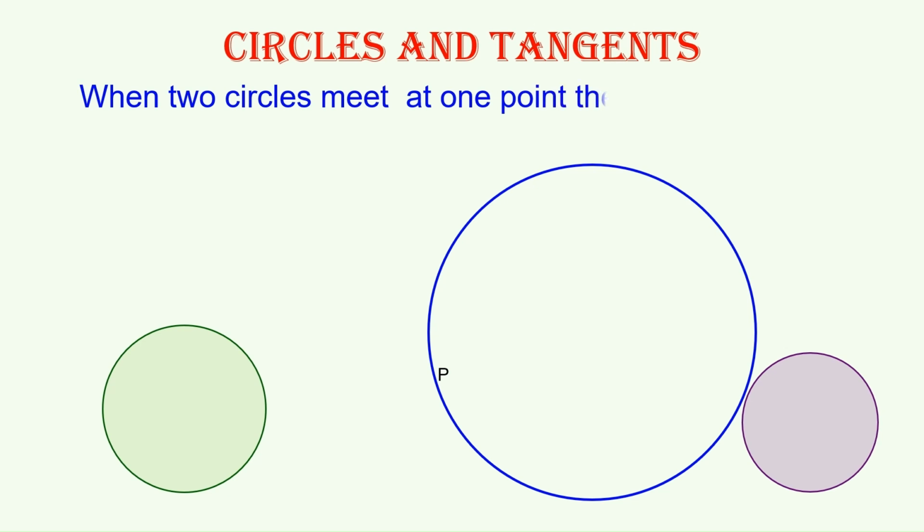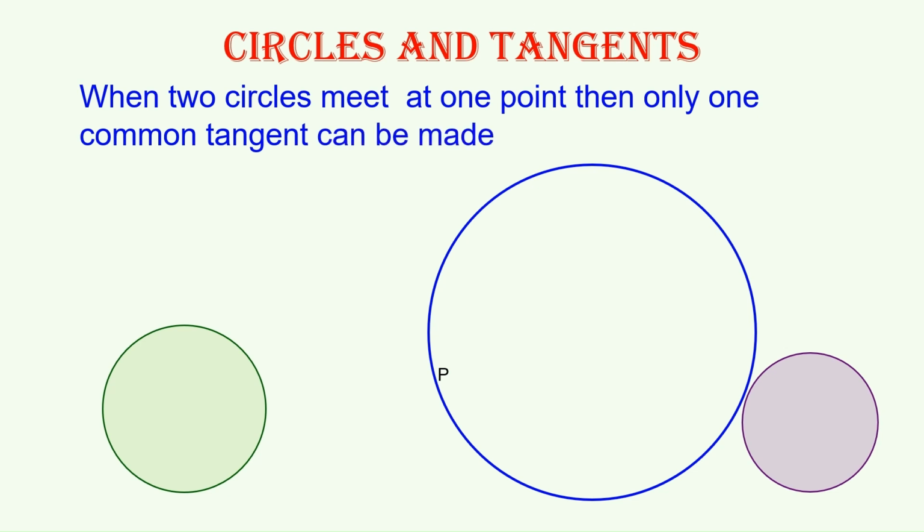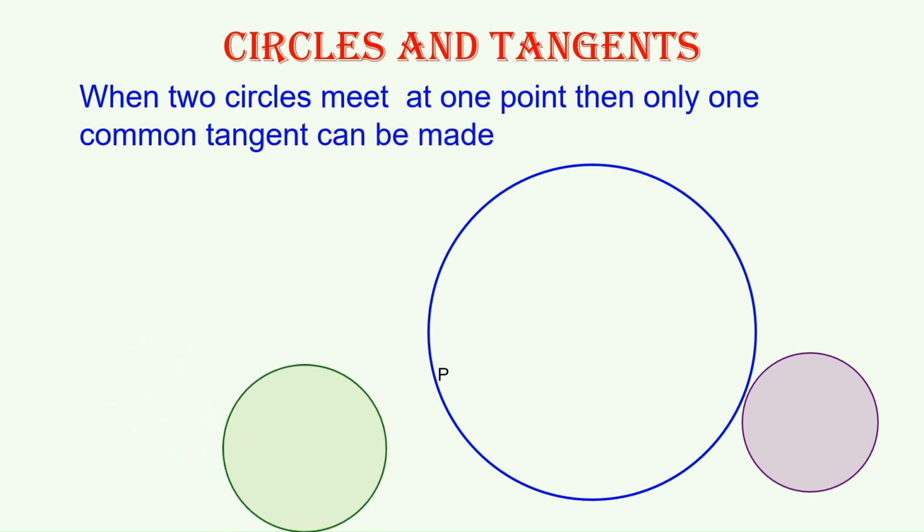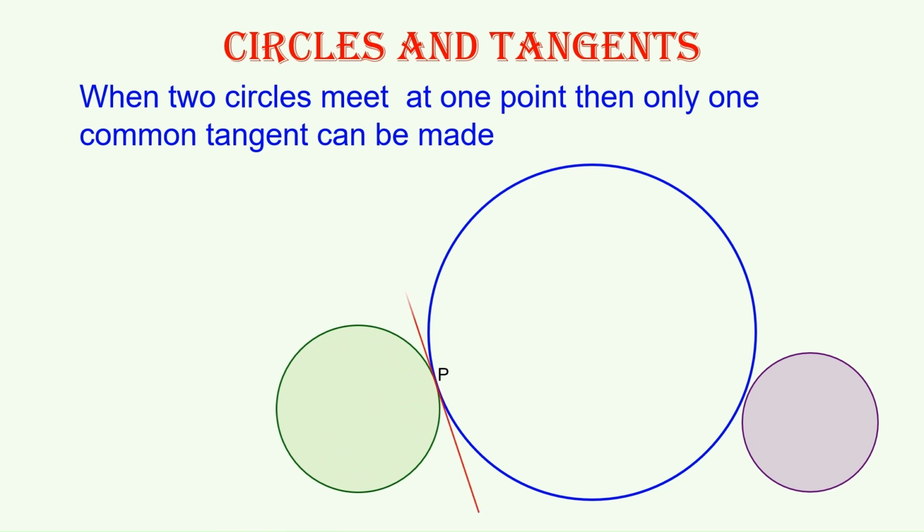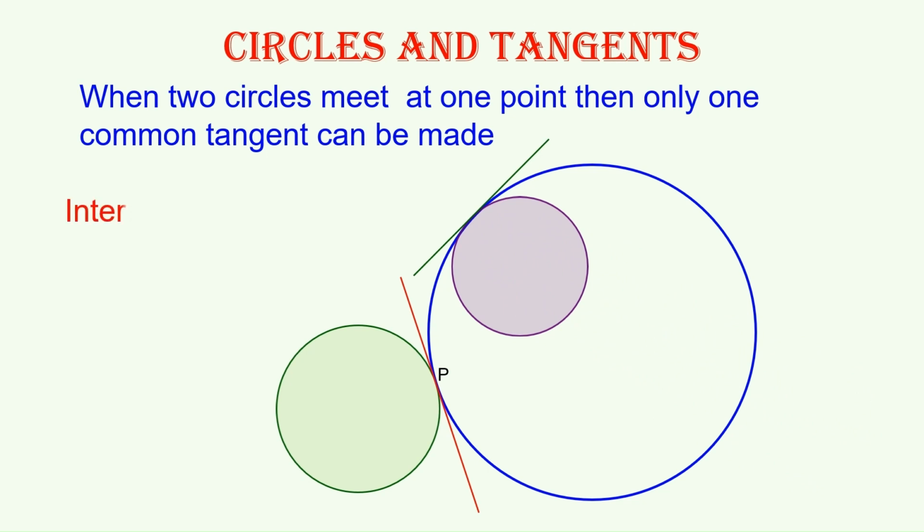When two circles meet at one point, then only one common tangent can be made. And intersecting circles have a common chord.